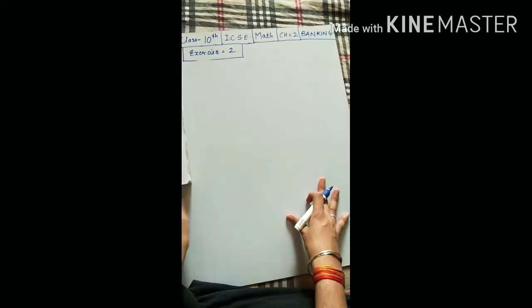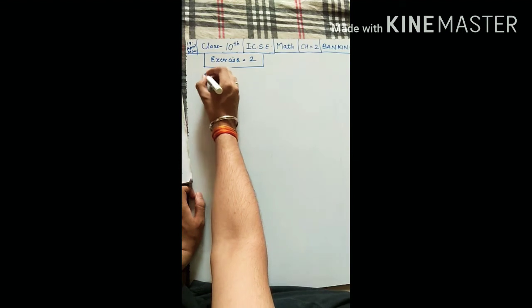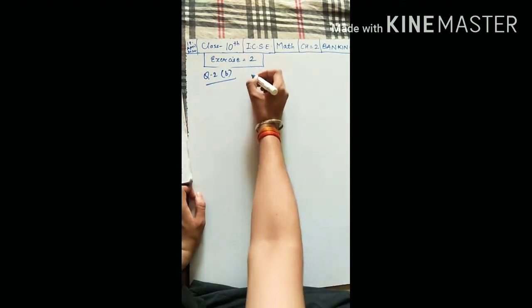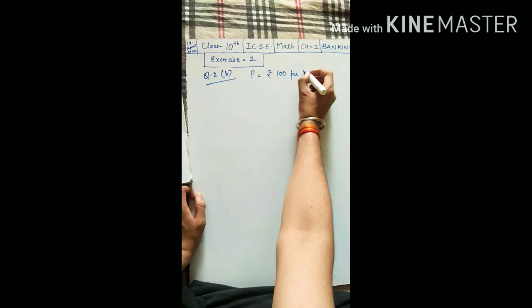So let us see the given things first. What are the things given to us? We are doing question number 2B. Let P, that is principal, be rupees 100 per month.